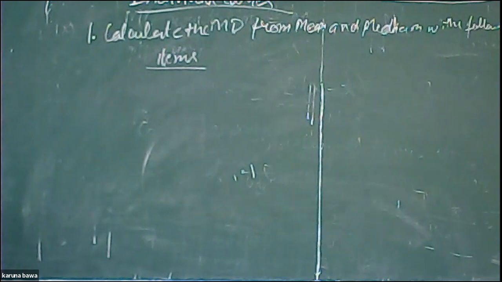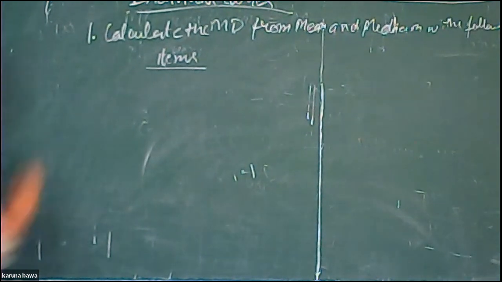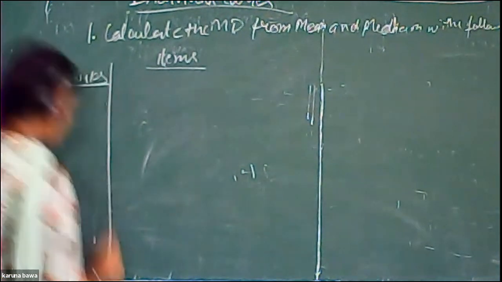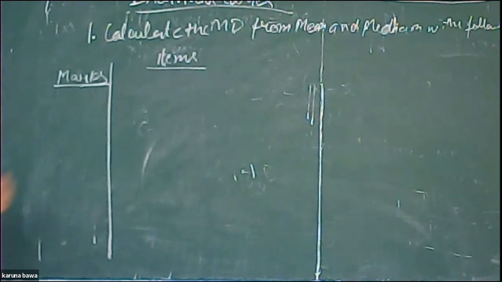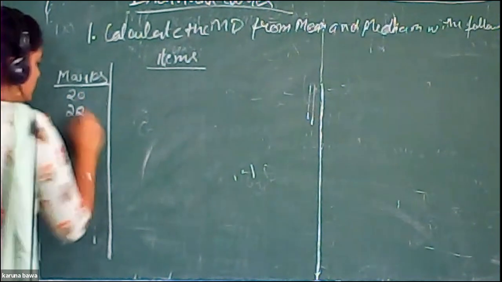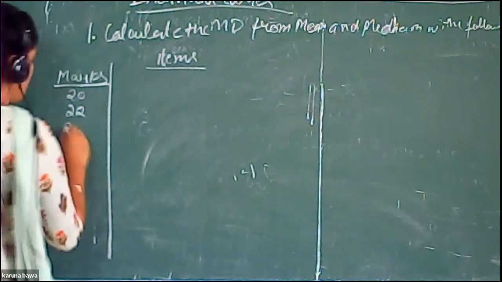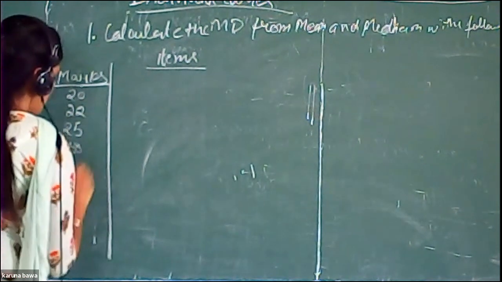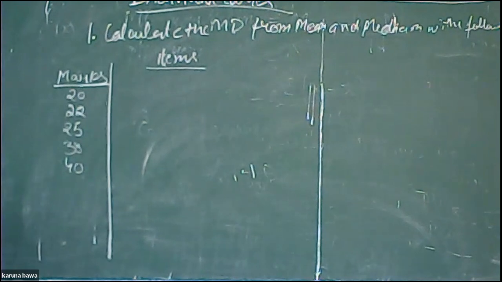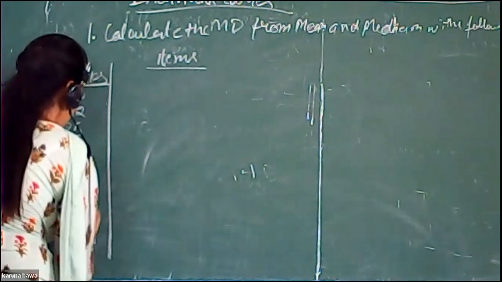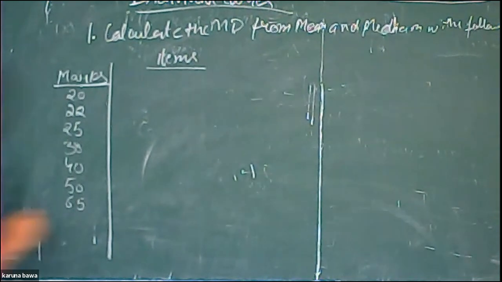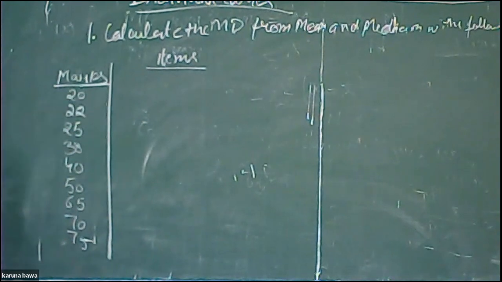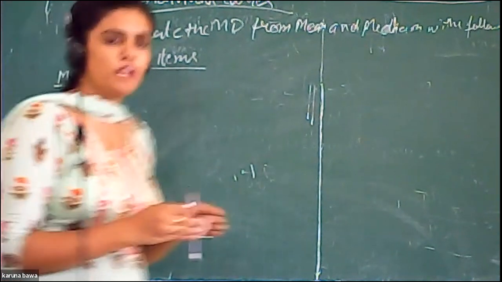Marks: 20, 22, 25, 38, 40, 50, 65, 70 and 75. These are the values. As we know, marks are denoted by the value of x.